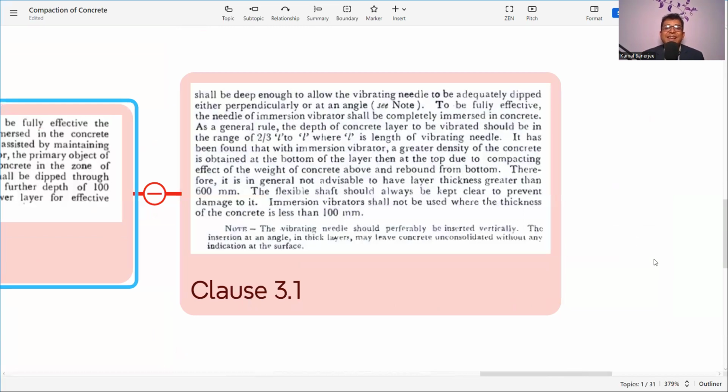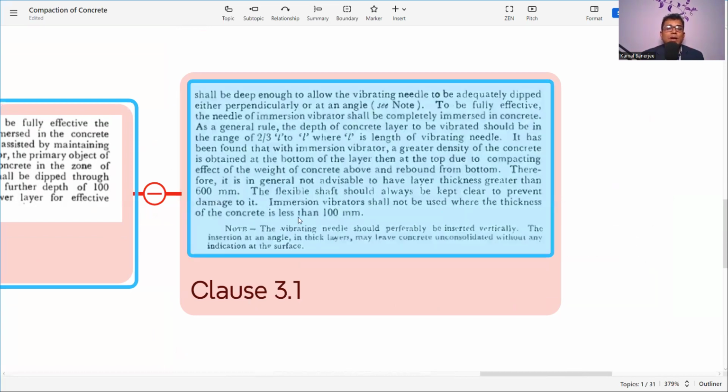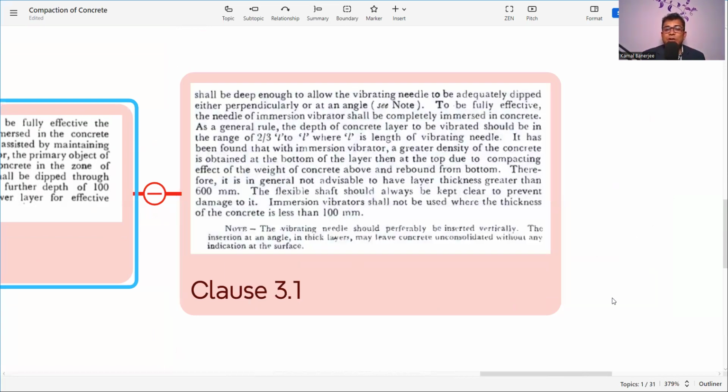Allow the vibrating needle to be adequately dipped either perpendicular or at an angle. Again, see the note. What is the note? The vibrating needle should preferably be inserted vertically. The insertion at an angle in thick layers may leave concrete unconsolidated without any indication at the surface. So it is always preferable to make it vertical, otherwise it will be unconsolidated.